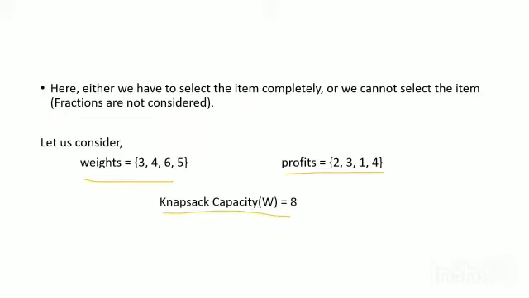But in the 0/1 knapsack problem, as the name suggests, we can either select the item completely, that is 1, or not select the item, that is 0. Here the quantity of each item is 1. So let us move ahead.